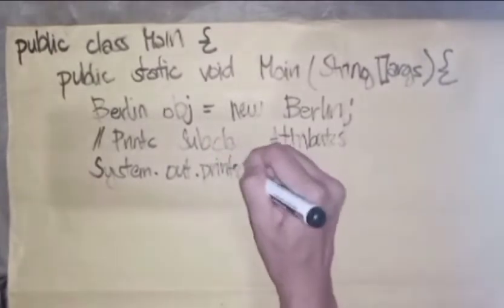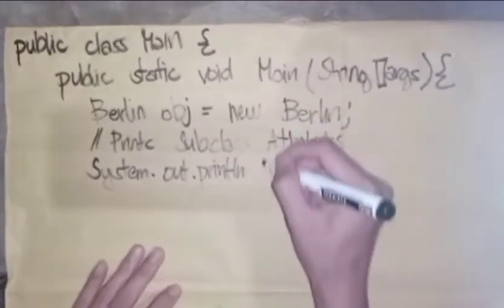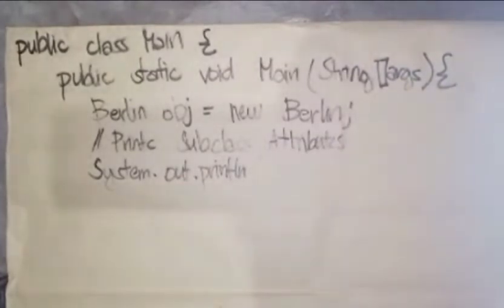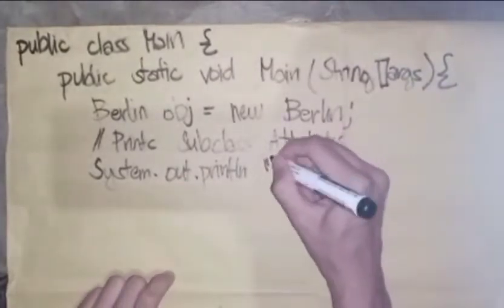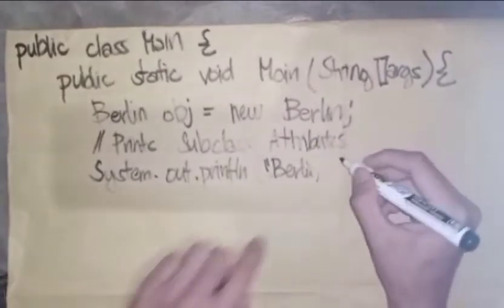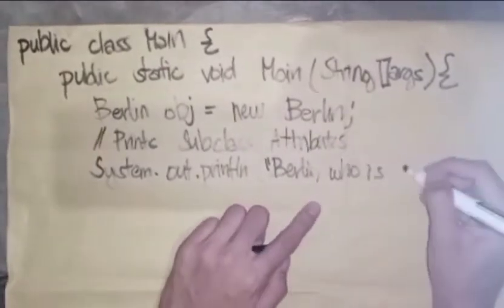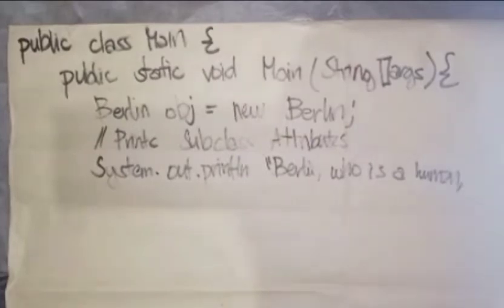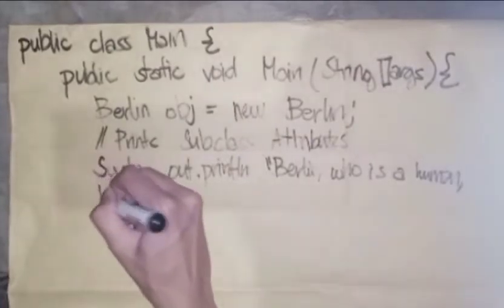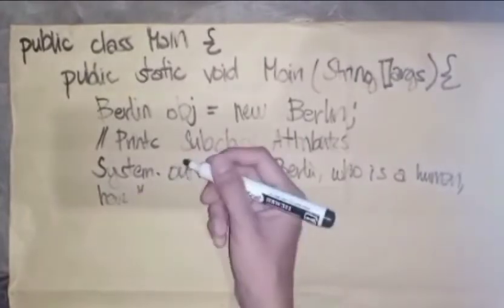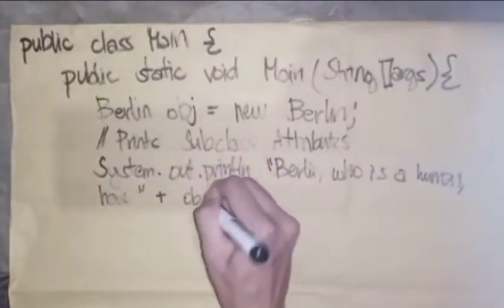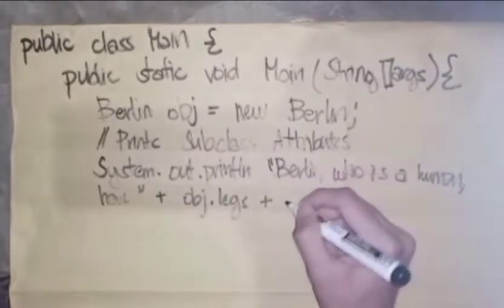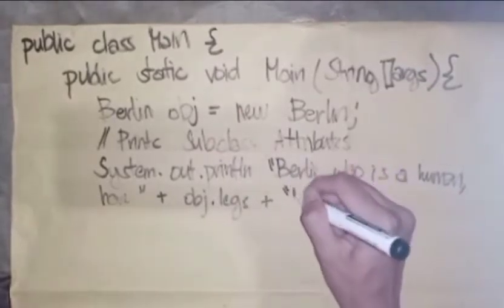In this line, we are going to write code that will tell the program that we are going to write a sentence. We are going to print a sentence on our screen together with the attributes defined on our superclass, which is inherited by our subclass.